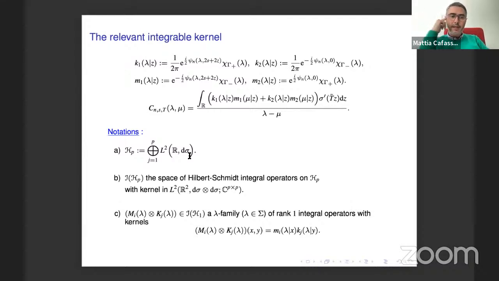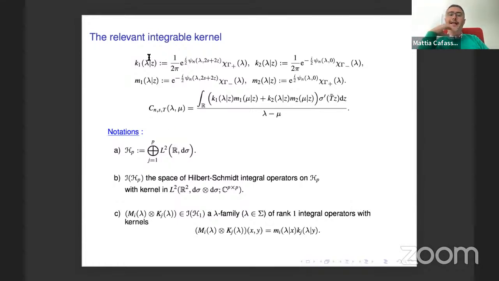Okay. And then we will denote with I_Hp the space of Hilbert-Schmidt integral operators on H_p with kernel on this space, which means simply that we are studying, well, for instance, for p equal to 2, 2 by 2 matrices in which the entries are operators on this L2(R, d sigma).